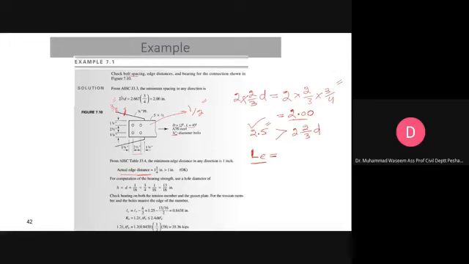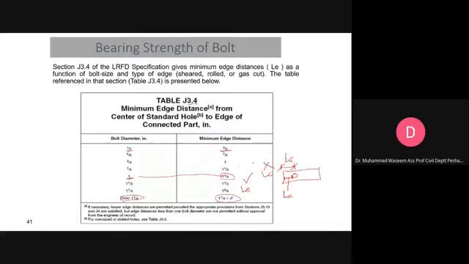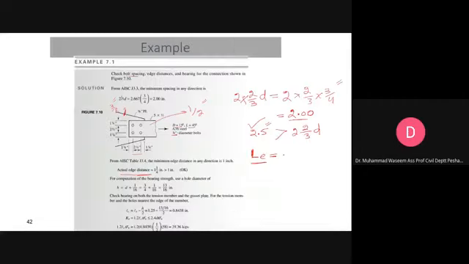You have to see which bolts we are using. We are using a 3 by 4 inch bolt, and for this the minimum LE is 1 inch. The distance given in the figure is 1 by 4.